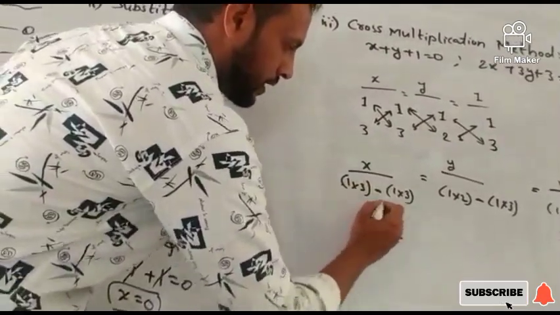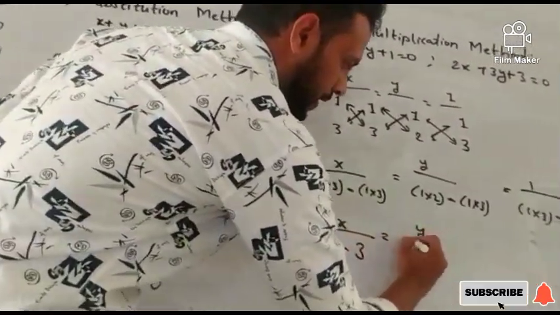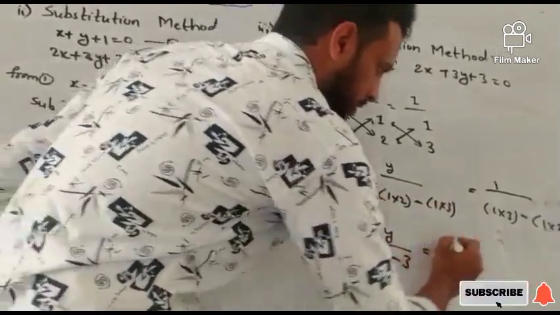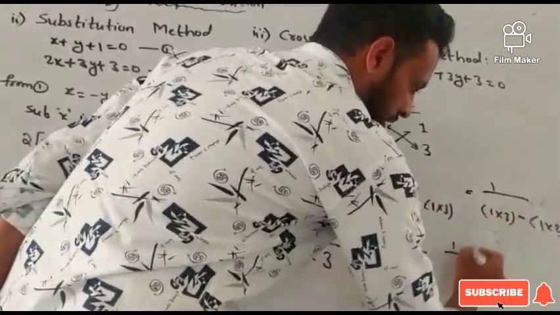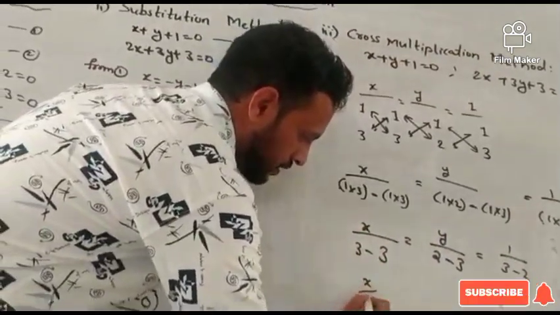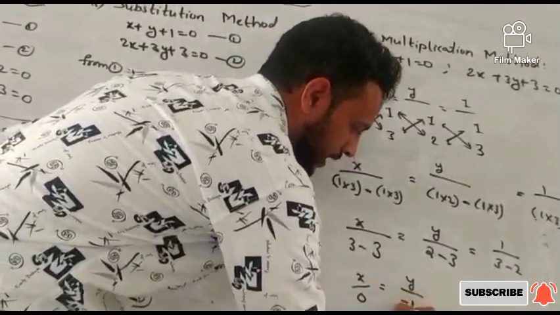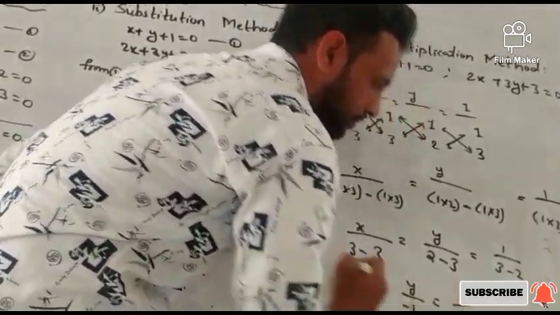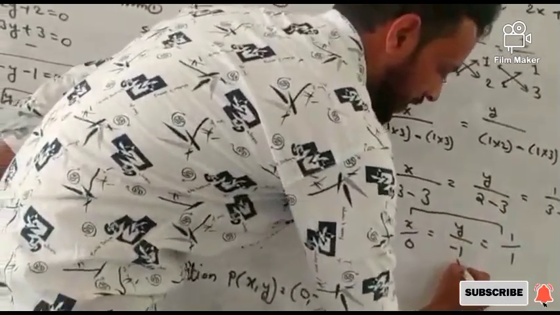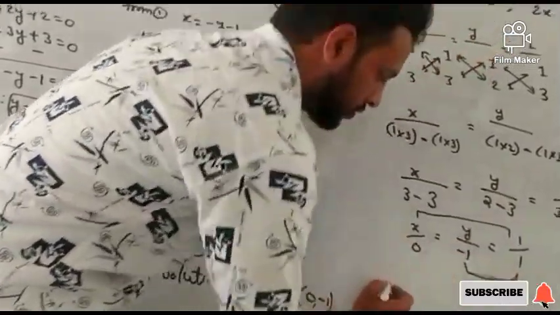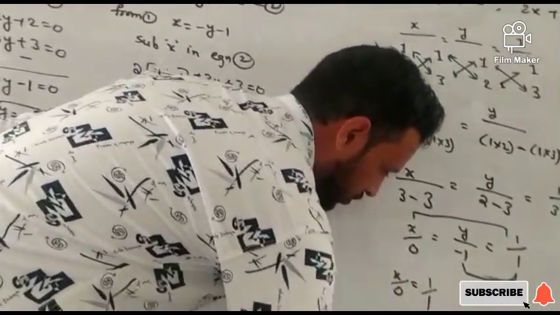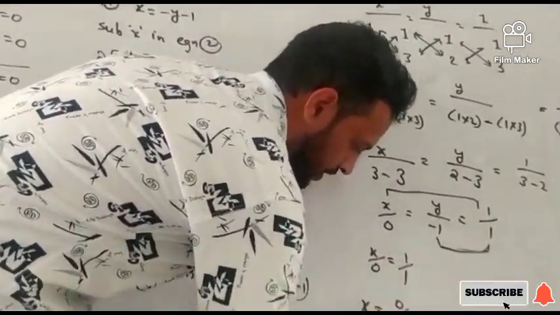1 3s are 3 minus 3, y by 2 minus 3, that is equal to 1 by how much is it? 3 minus 2. Okay, x by 0, y by minus 1, 1 by 1. After that you have to compare the x coefficient with the constant as well as the y coefficient with the constant only. So x by 0 is equal to 1 by 1. So x is equal to 0 by 1, 0 by something is 0.